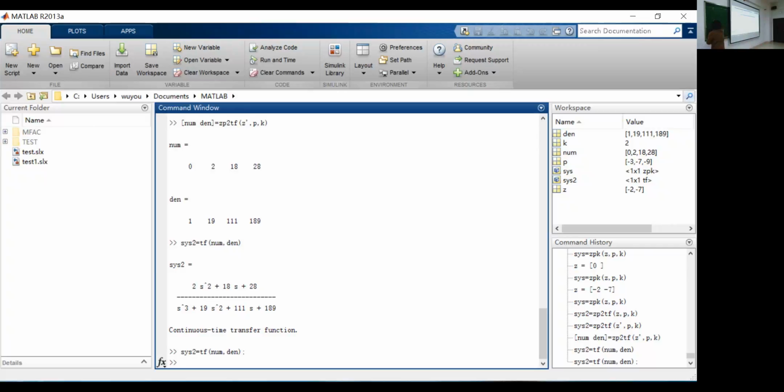So if now we have G1 and G2, this is in and out.